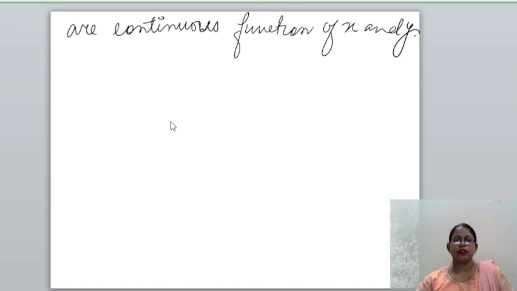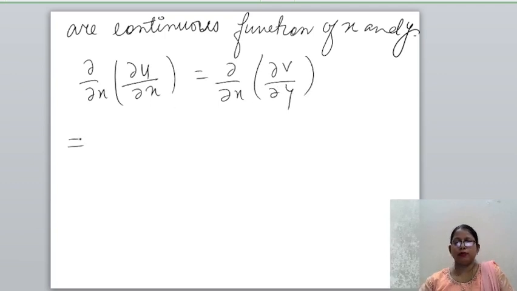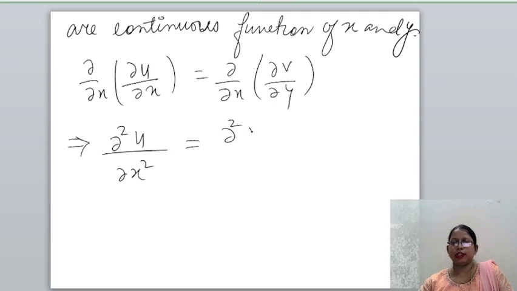Okay, so this is del x of del u del x, and on the right-hand side del x of del v del y. This implies del 2u del x2 equals del 2v del x del y.